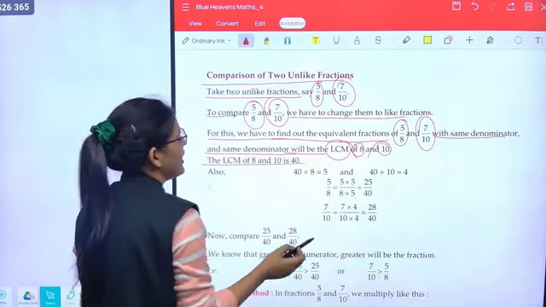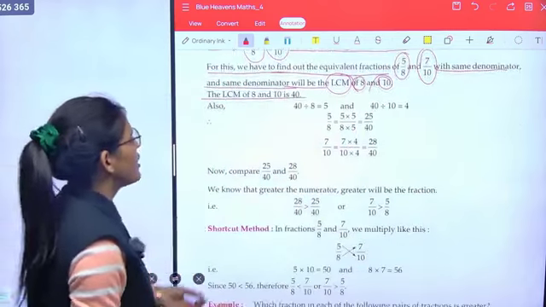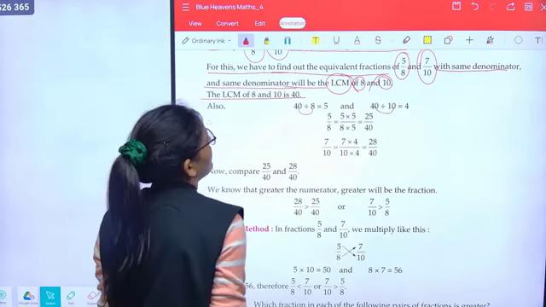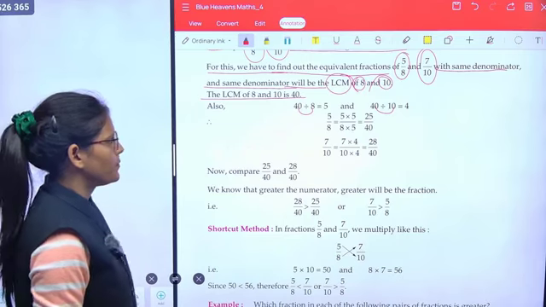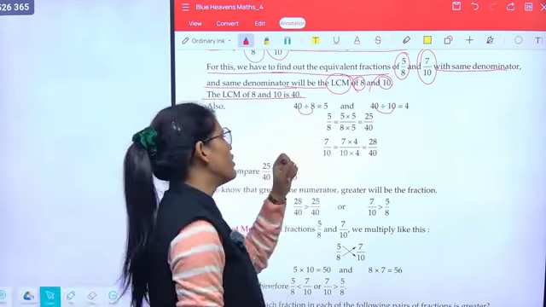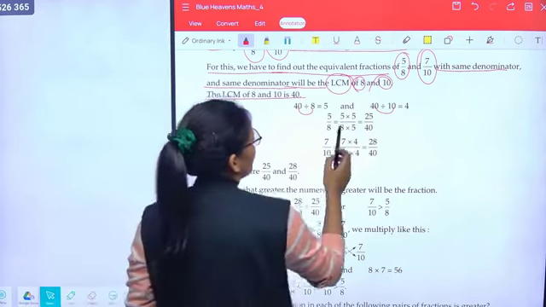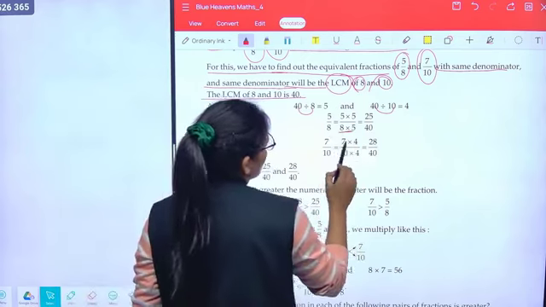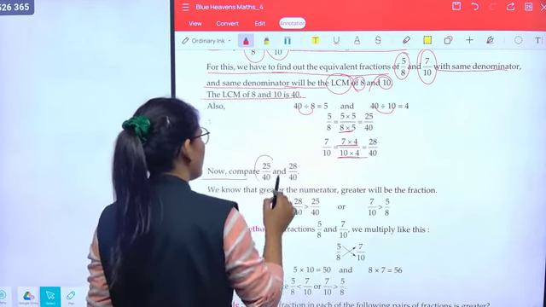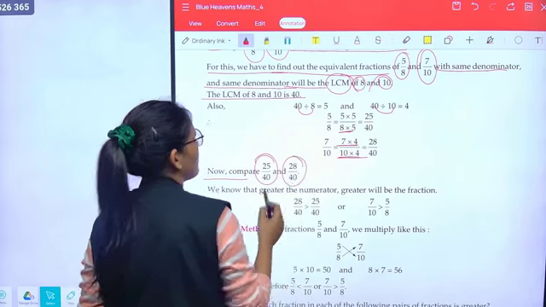The LCM of 8 and 10 is 40. So 40 divided by 8 is 5, 40 divided by 10 is 4. So 5 5s are 25, 8 5s are 40, 7 4s are 28, 10 4s are 40. So now compare 25 upon 40 and 28 upon 40.